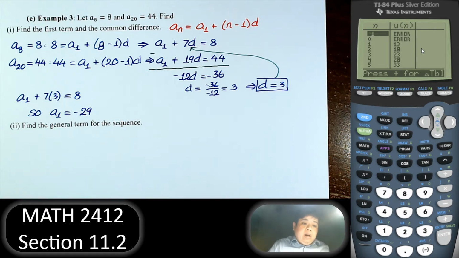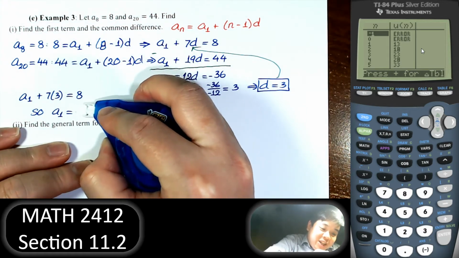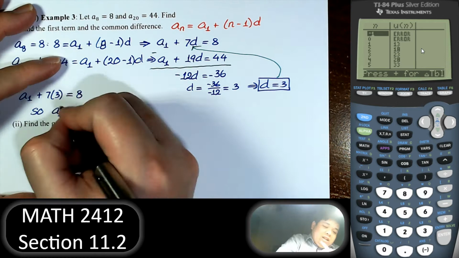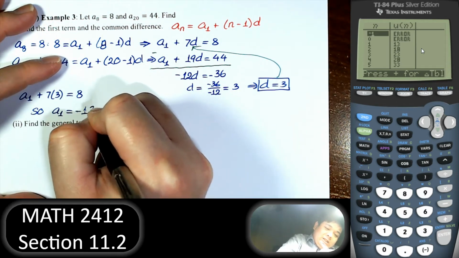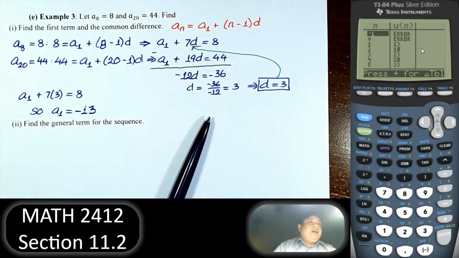Of course, we can check negative 29 plus 7 times 3. Good thing we check, right? 8 minus 21 is minus 13.